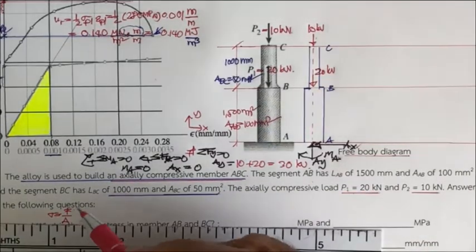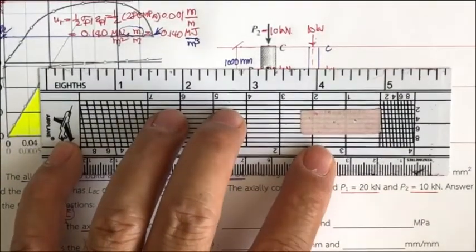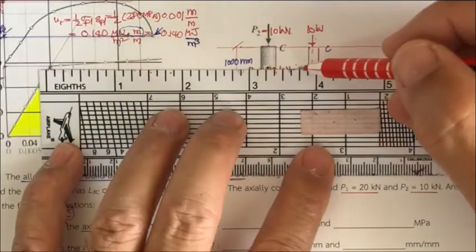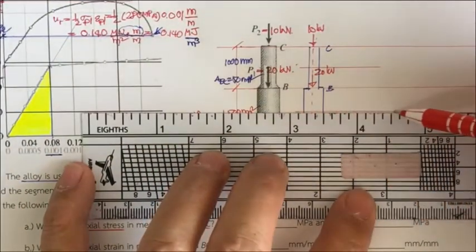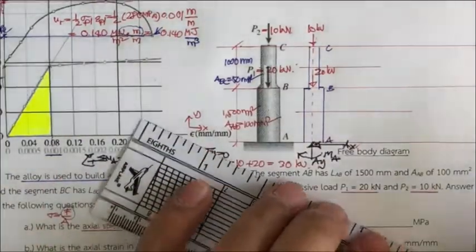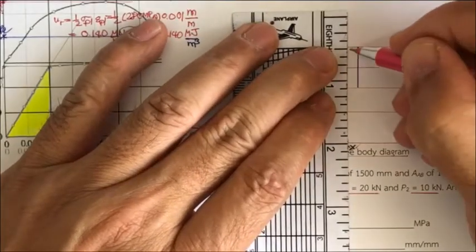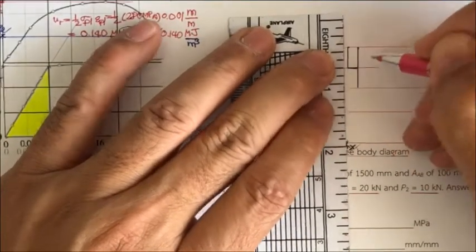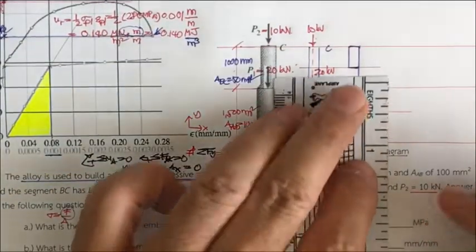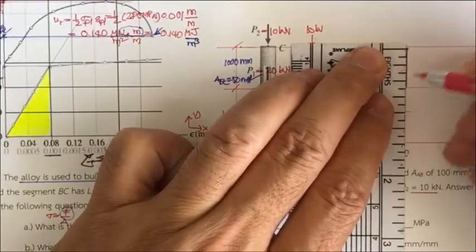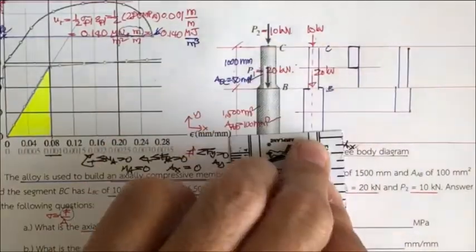Since F is the internal force, we need to cut for member BC, and cut for member AB. That is the case, only this, not that, only this. That is for BC, and this one is for AB.